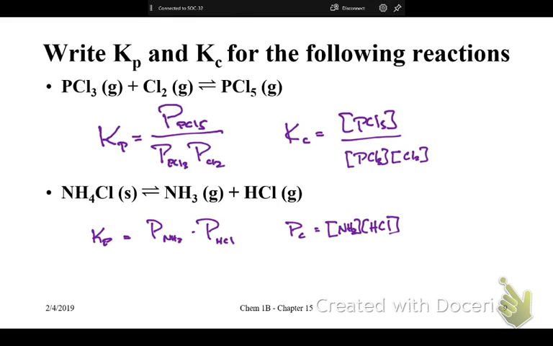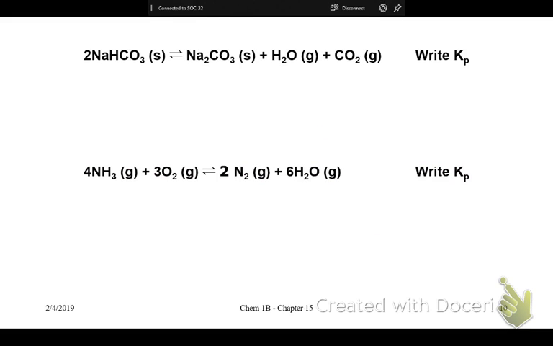Okay, and the next one, there's two solids, right? So if you're going to do Kp for the top one, pressures. And then I'll let you do the Kc. On the bottom one, Kp would be equal to. Then there's all kinds of exponents.